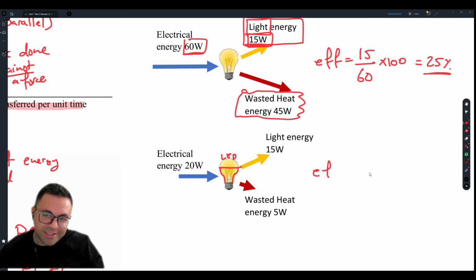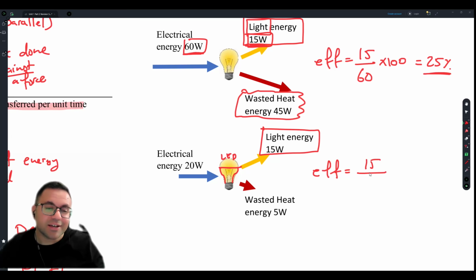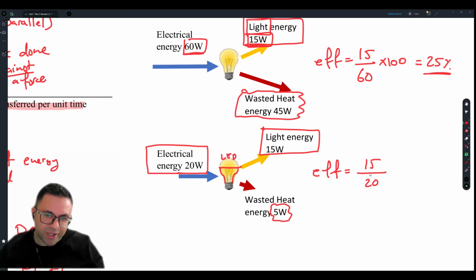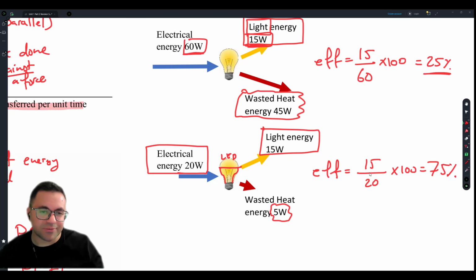So if you calculate the efficiency of this light bulb, it's the same light energy output, 15, but the total energy input is 20, which means the wasted energy is only 5 watts, not 45 watts. Times 100, this gives me a 75% efficiency. It's much better. It's wasting a lot less.